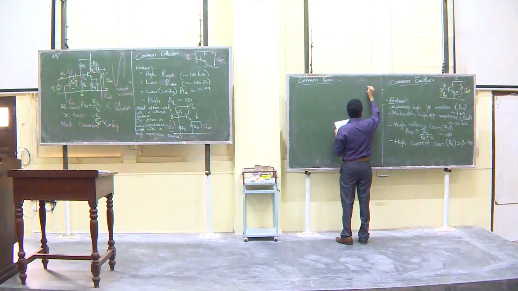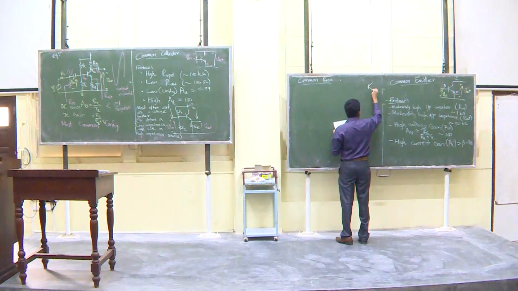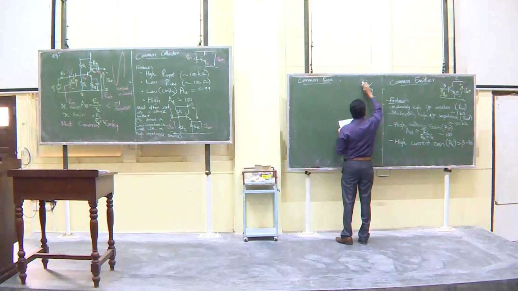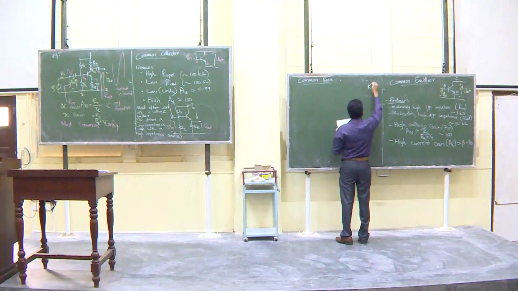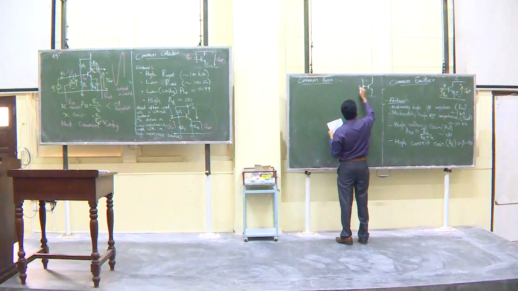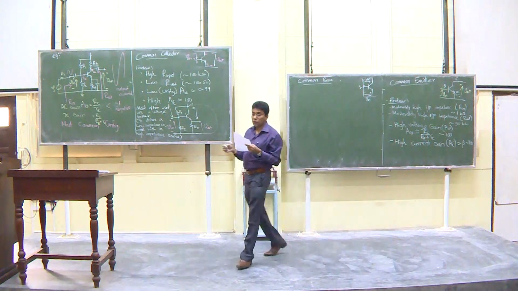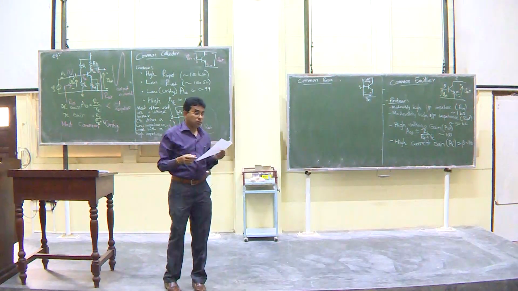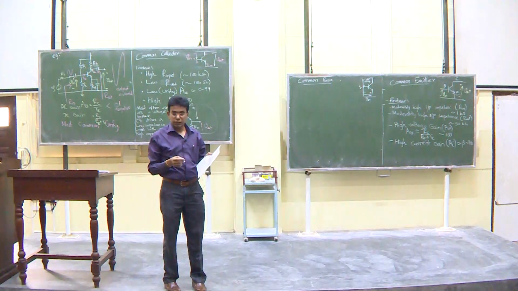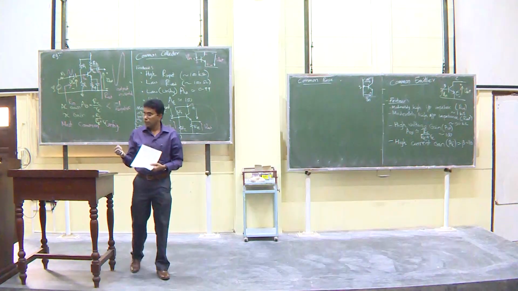So here this is the common terminal, the base, this is the input, in, and this is the output, out. Again, the choice of input and output is based on the gain. You have to have a power gain, that's why this choice.